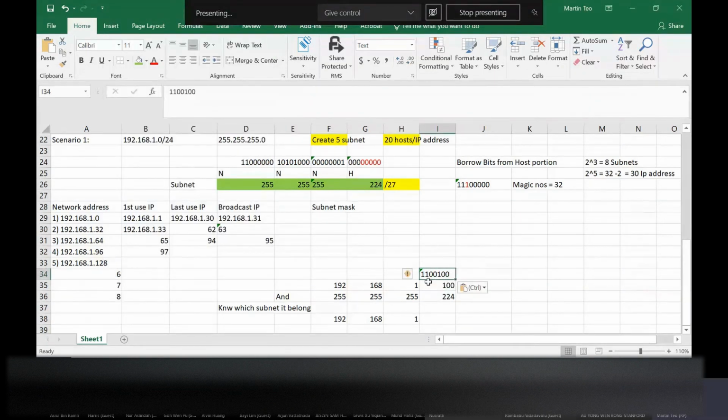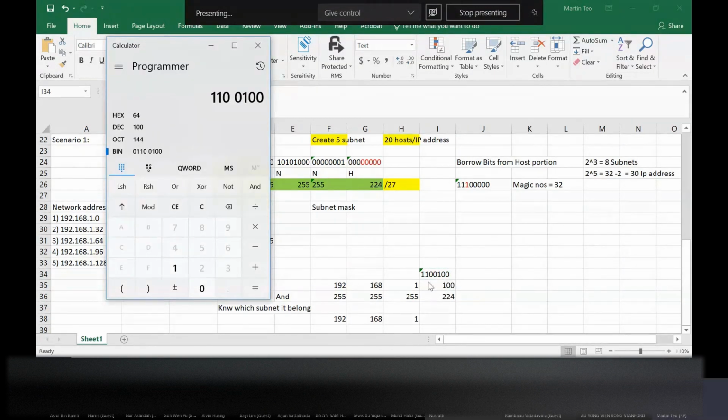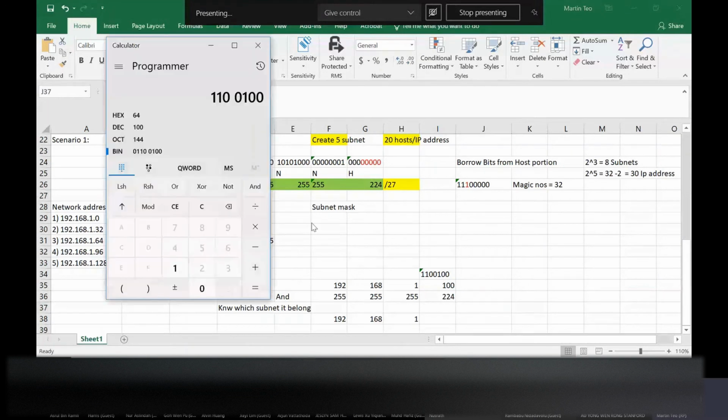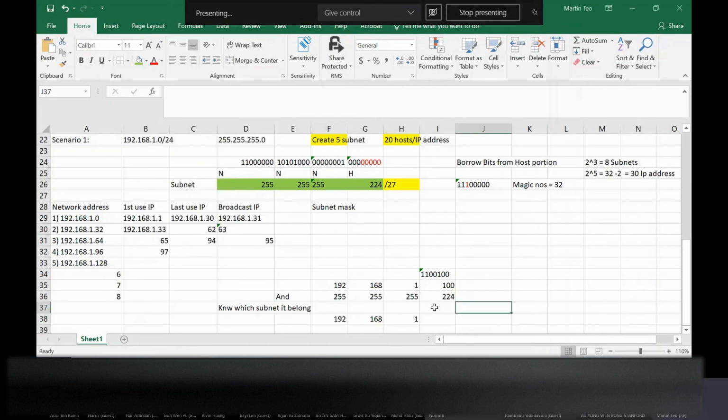So 1100100. Yeah, correct. Then over here, 224 in binary. So it will AND all these things together.